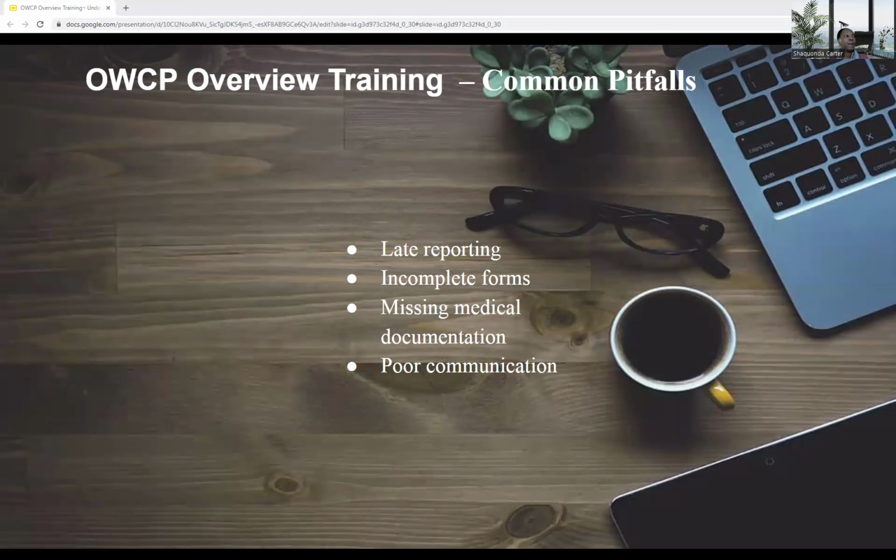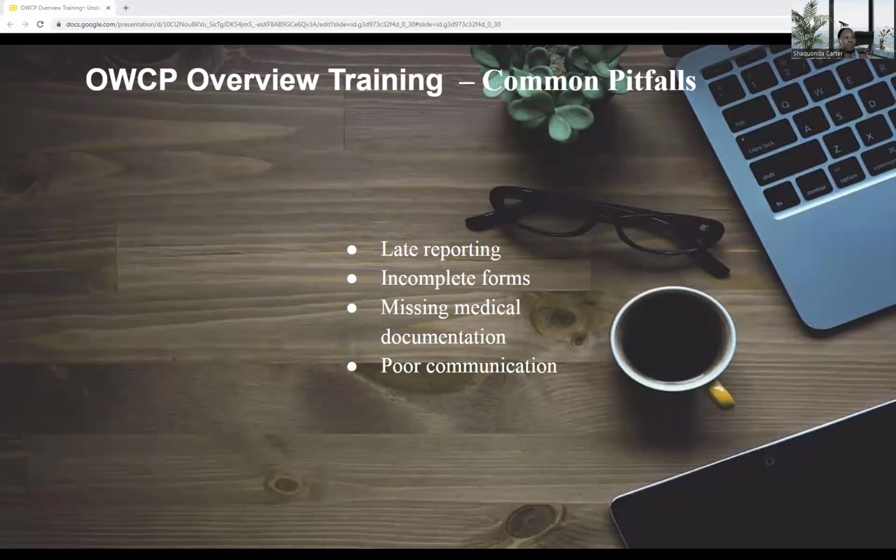At that time, that will be considered late reporting, but there's more information that I can provide for that type of common pitfall. For now, we're just going to leave it at that bullet point. So late reporting is a pitfall.